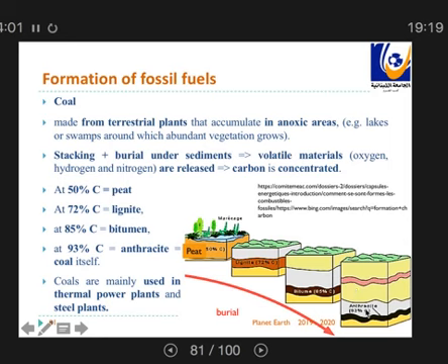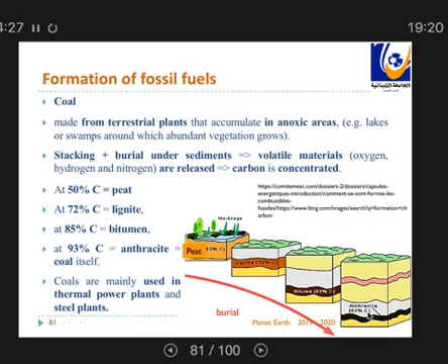As you can see in the picture here, we have a swamp. At 50% carbon, the material is called peat. Now, you have more burial, and at 70% carbon, it's called lignite. At 85% carbon, more burial, it's called bitumen, and at 83% carbon, it's called anthracite, which is coal.